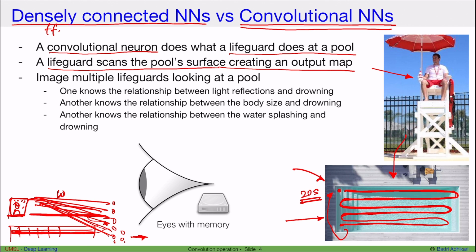Now, a convolutional neural network, or one convolutional neuron, is exactly similar to that.